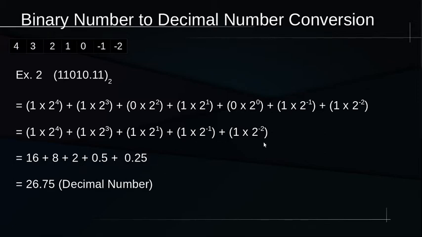And 1 into 2's power -2 becomes 0.25. If we add all these values, we get 26.75, which is the decimal equivalent of this binary number. Nice and simple.